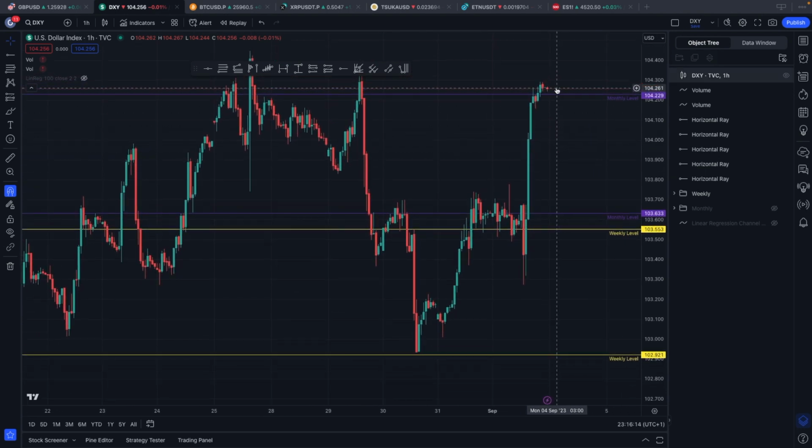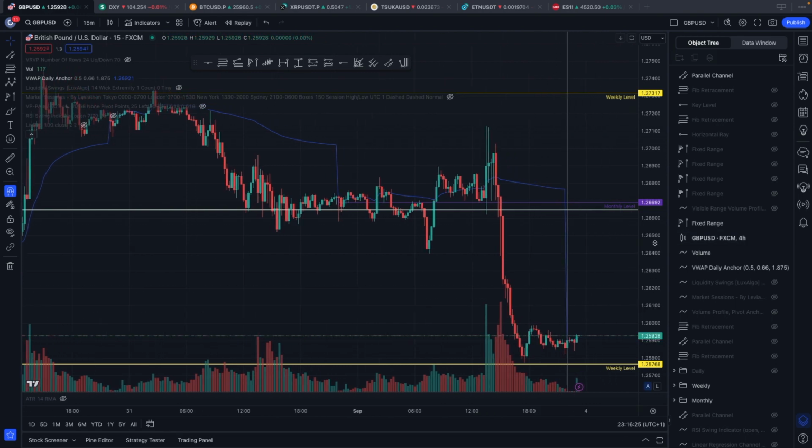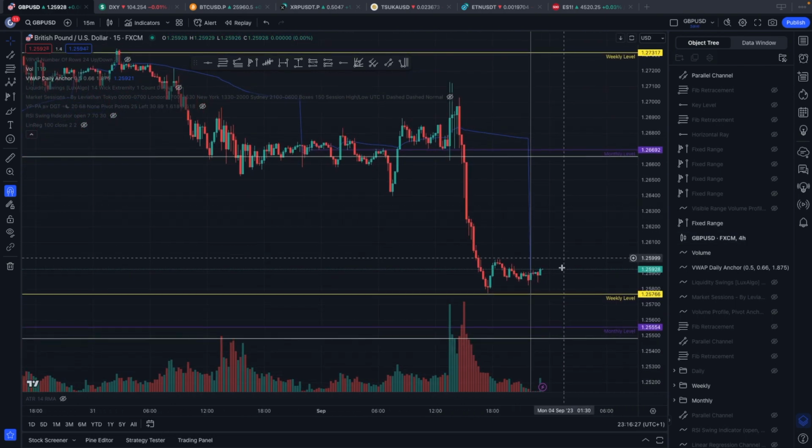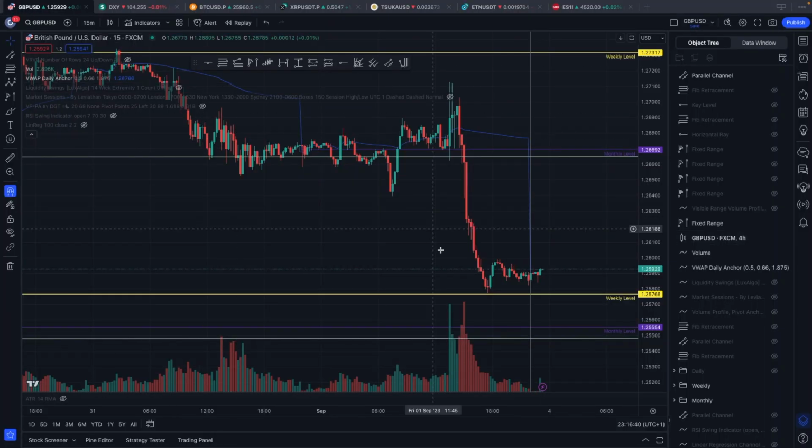So we have this support level at the monthly, so if this heads down and the pound goes up, there isn't much here for the pound to resist against and go all the way up here. So it'll be interesting to see what happens at this monthly. But then you could see this monthly as being in accordance with this weekly. So remember, they have to match exactly.